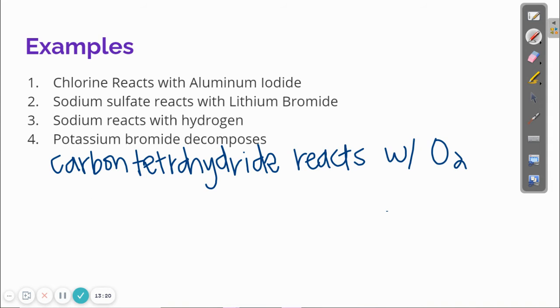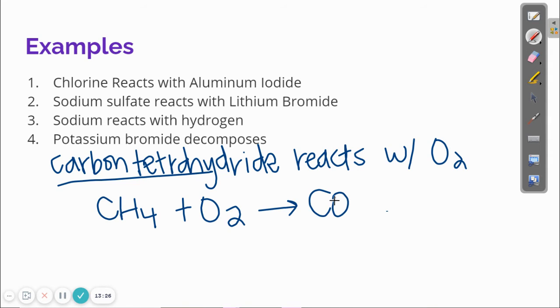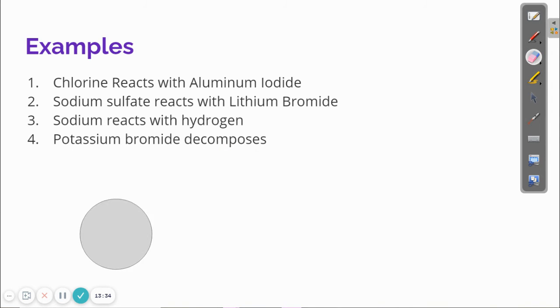And from that, you'd be able to say, oh, carbon tetrahydride is CH4, it reacts with oxygen, so it must be a combustion reaction. The products have to be CO2 and H2O. So that's the only one I didn't come up with an actual example on, but the rest of these are going to cover your other types. But first, we have to figure out what type of reaction is going on.